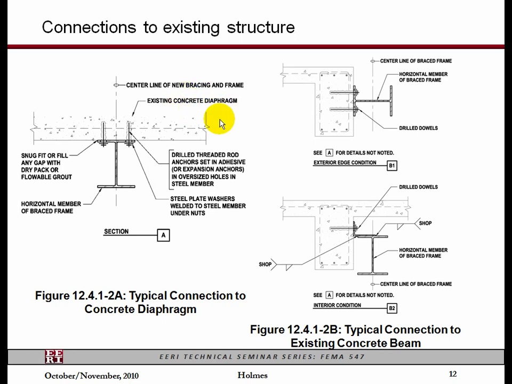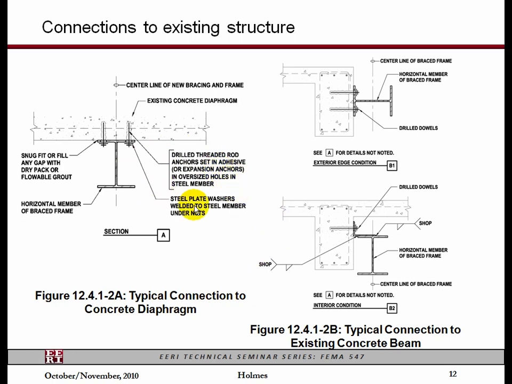If you have a very large horizontal member, you can simply use threaded rods, anchors, and adhesive. I'll explain later there are some deformation compatibility issues about steel collectors in concrete buildings. If you have a very large member that is not going to have very much elastic strain, you don't have much of a problem. If you have just a flat plate you're trying to use as a collector, as I'll explain, you might have some problems with that system.